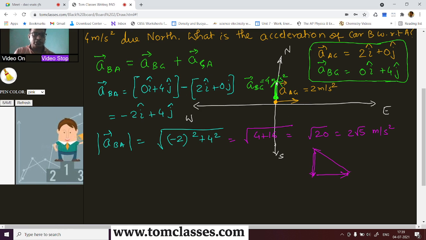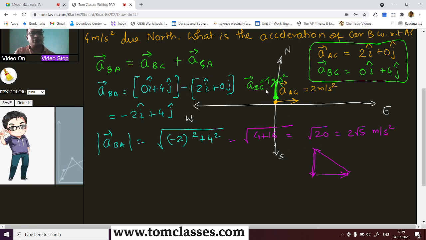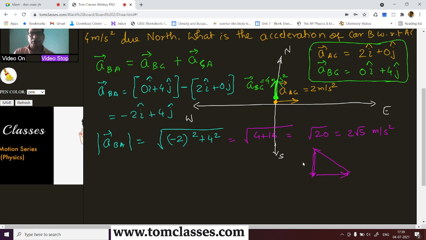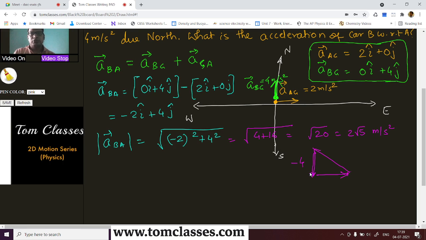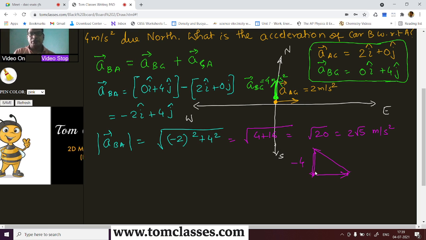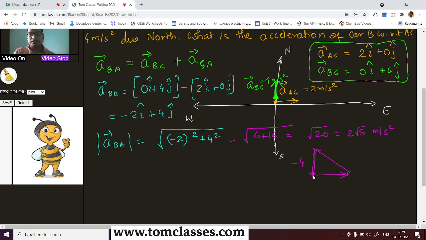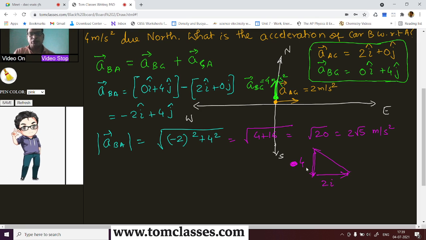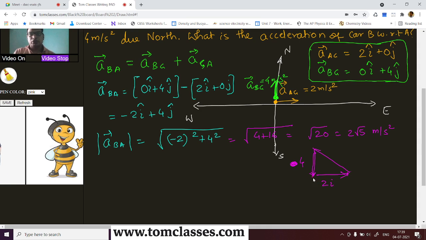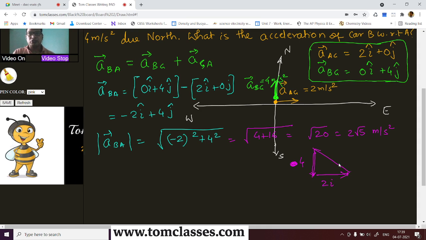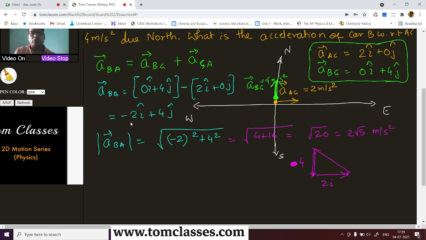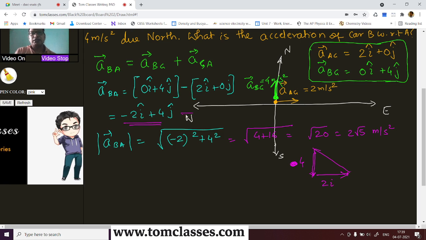This was in the upward direction when B is with respect to ground, so the acceleration of ground will be opposite, so this is minus 4, the downward direction, and this is 2i. So your acceleration will be in this direction, and you can check that this point is in the second quadrant.